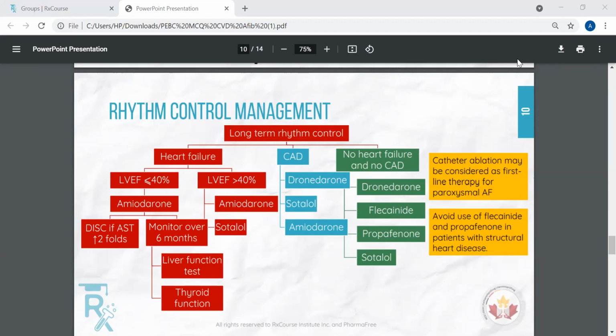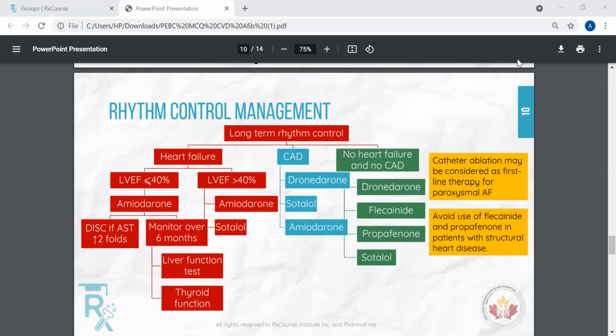Now we were talking about a normal patient who doesn't have heart failure, doesn't have angina, doesn't have myocardial infarction. Again, people, does anyone have any question about the simple algorithm we discussed for a patient who only has atrial fibrillation?